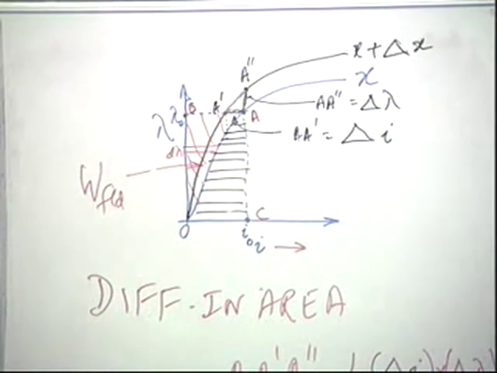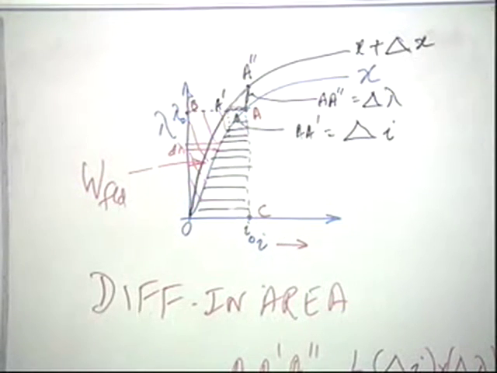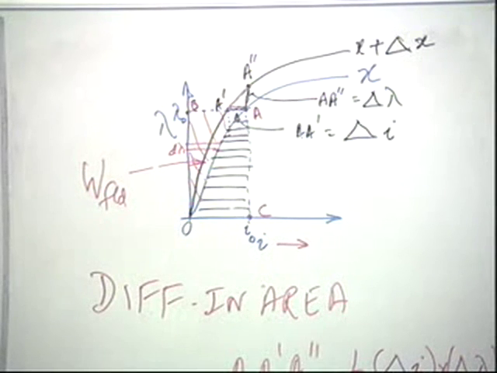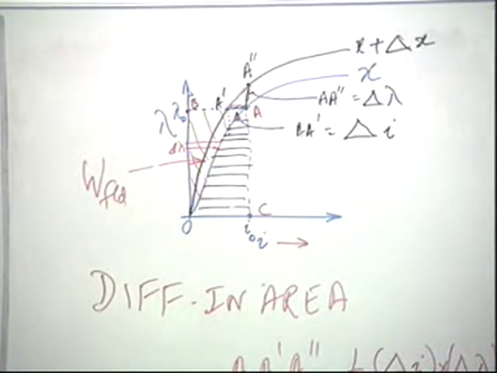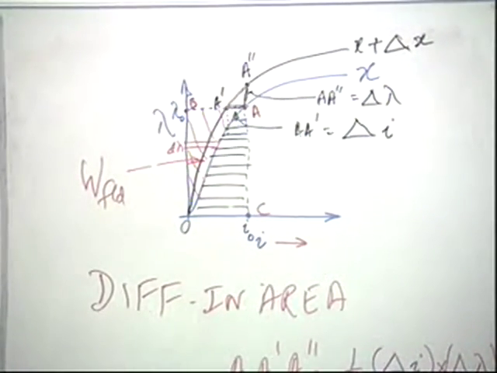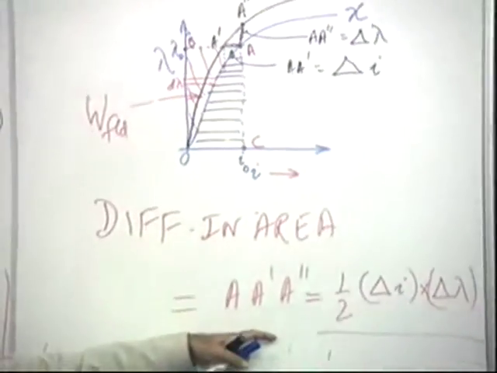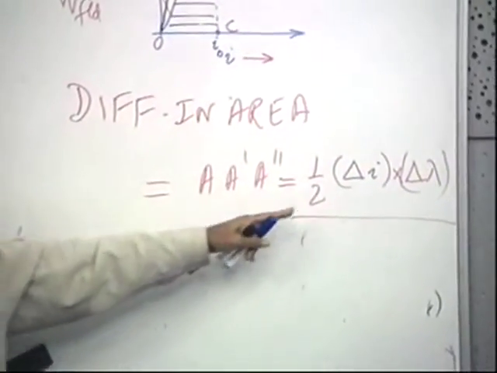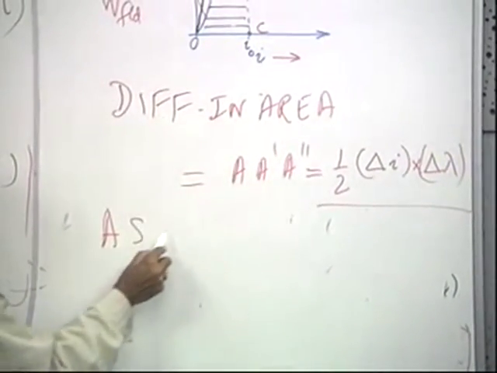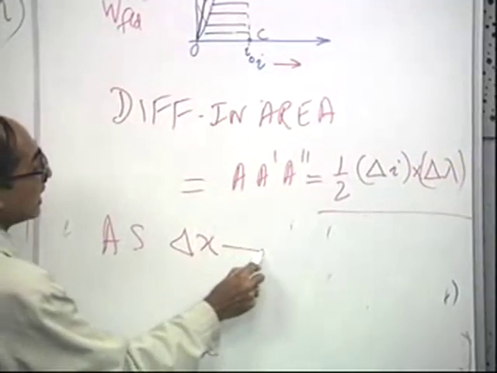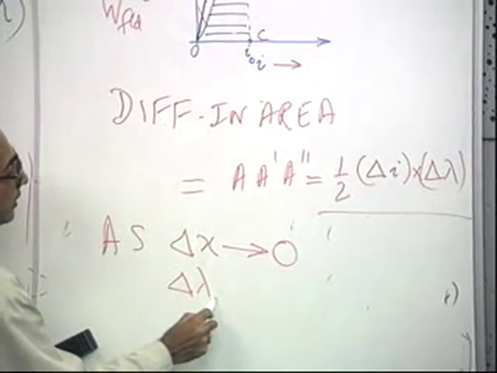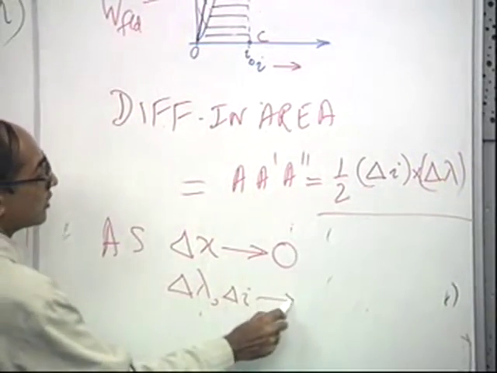Sir, but you are saying the force is del W field dash by del X, or minus del W. No, but that is for any point. We have now increased by a small increment, for that delta X tending towards 0. But this area tends to 0. It is a product of very, very small quantities. As delta X tends to 0, obviously delta I and delta lambda also tend to 0.